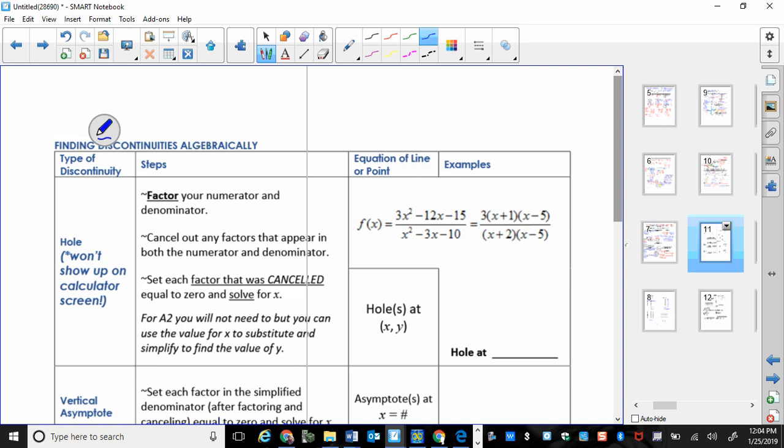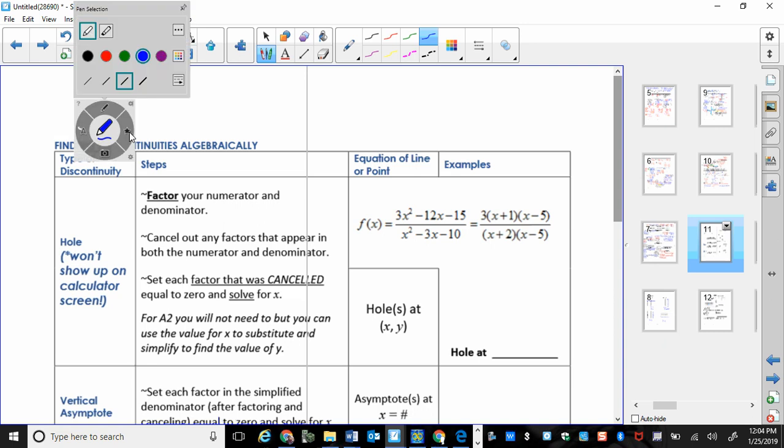So I'm looking for an expression that I can cancel from the top and the bottom. In this expression here, I'm going to highlight it.